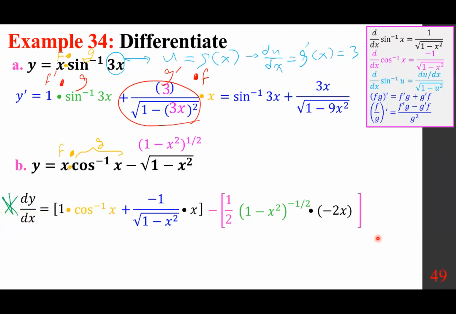Now, of course, we're going to use algebra to finish the job, starting with the first one. This is cosine inverse of x. This one is minus x over square root of 1 minus x squared. Let's see what this is. Let me rewrite the whole thing, makes it easier to see.